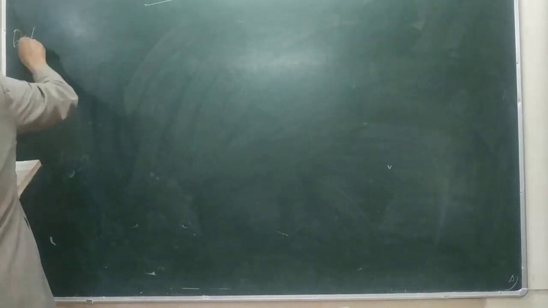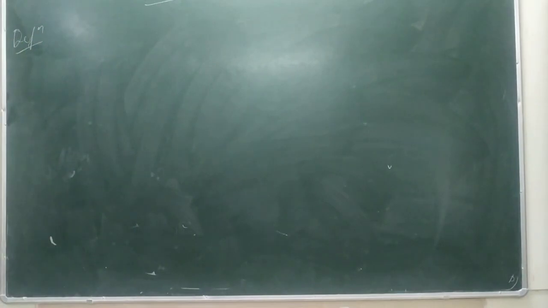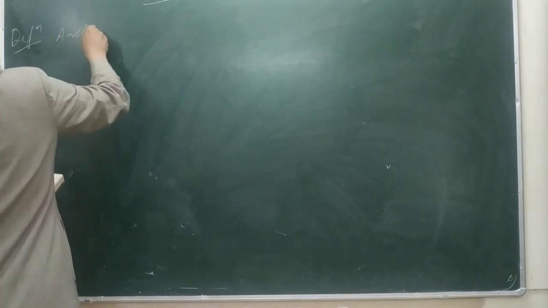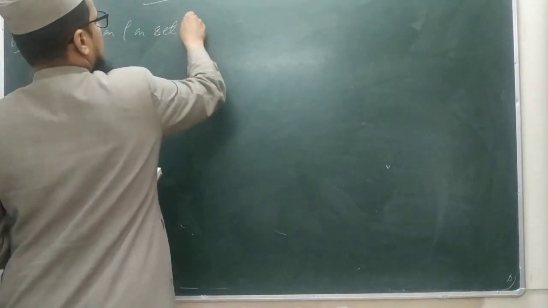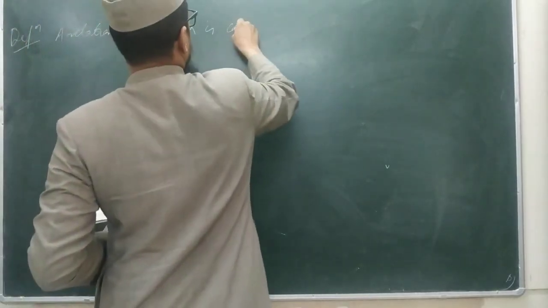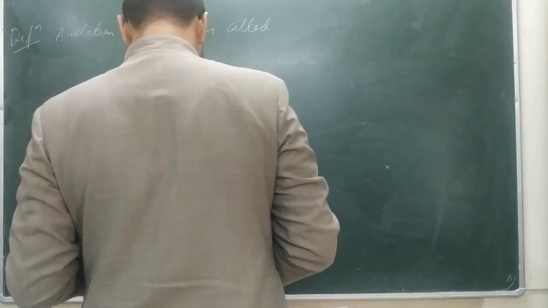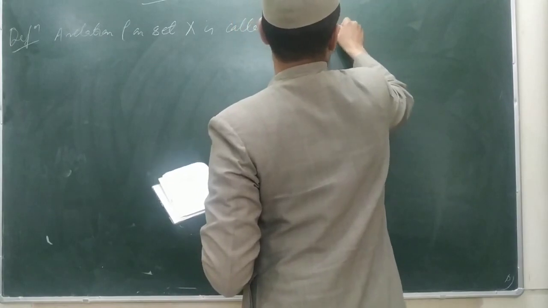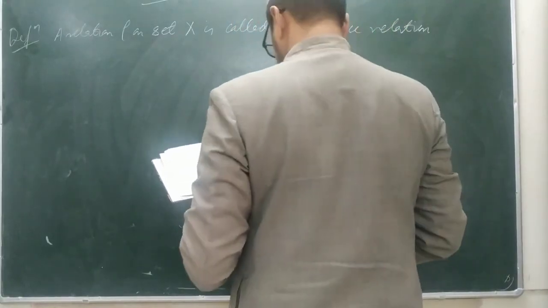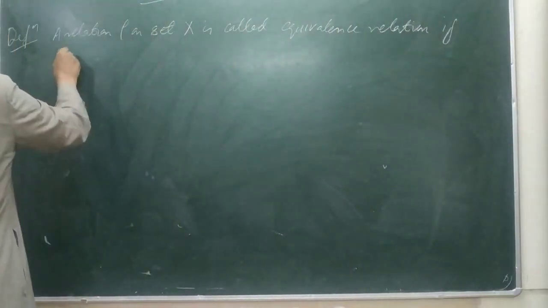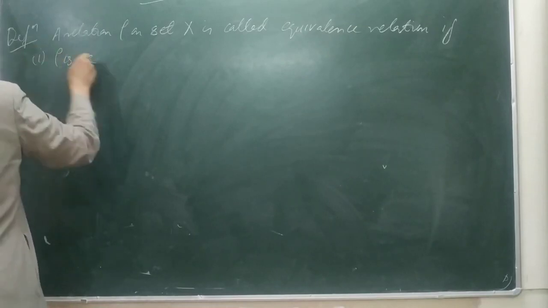Now we start next definition. A relation rho on set X is called an equivalence relation if rho is reflexive.